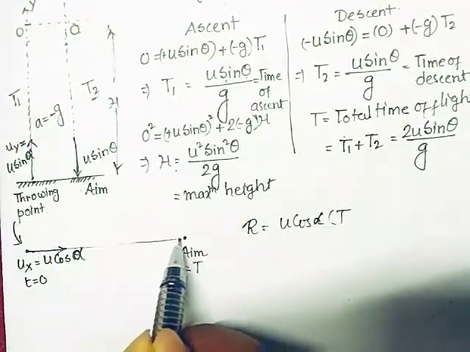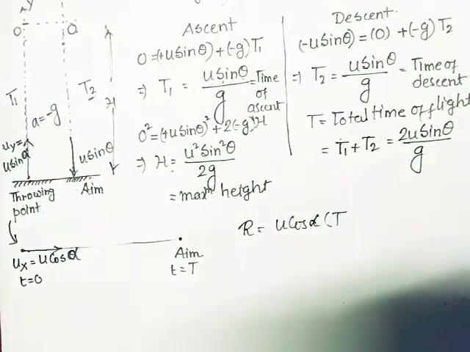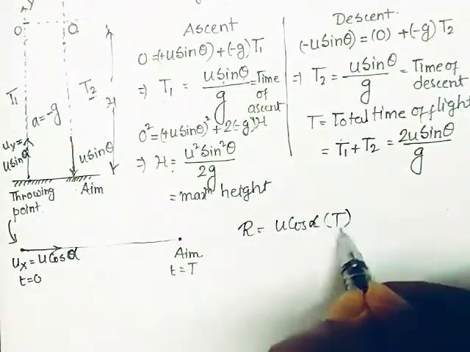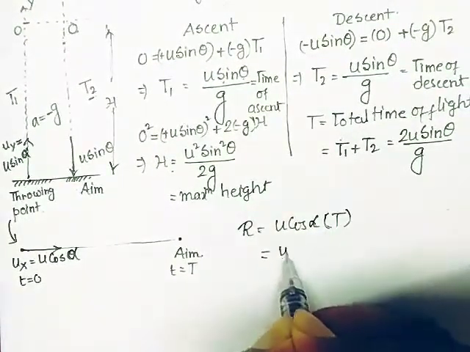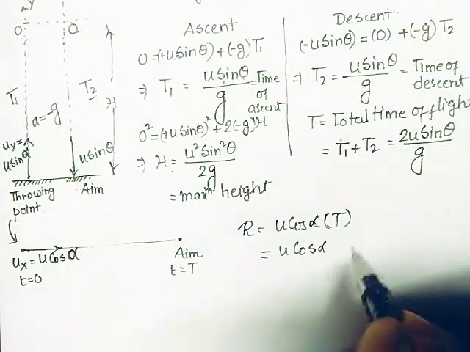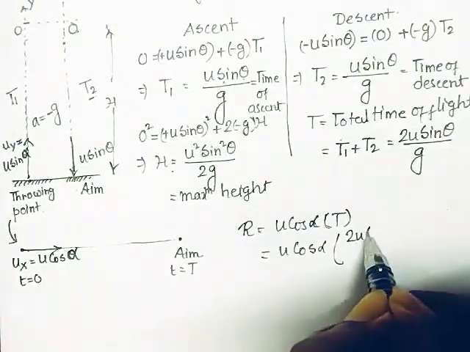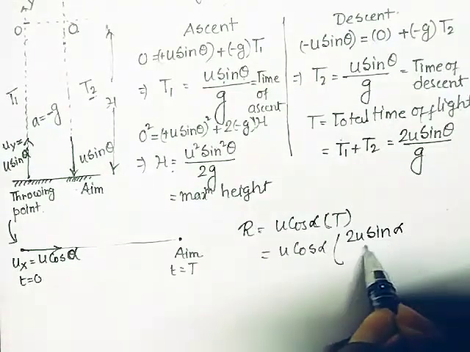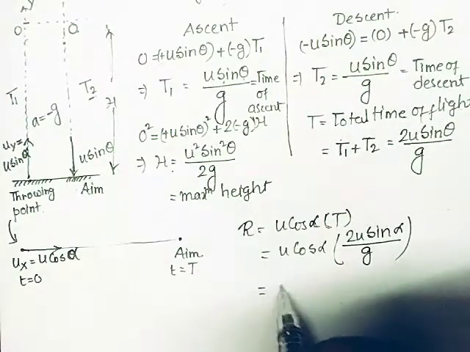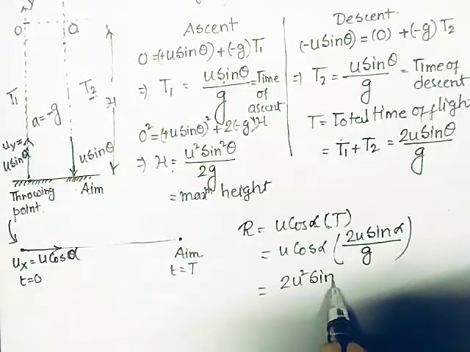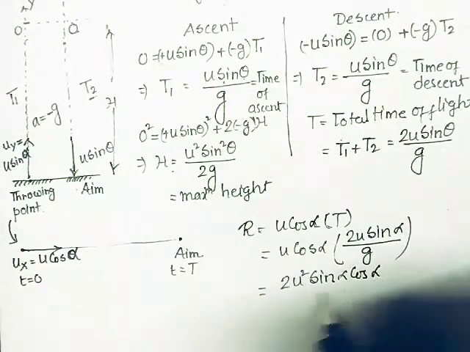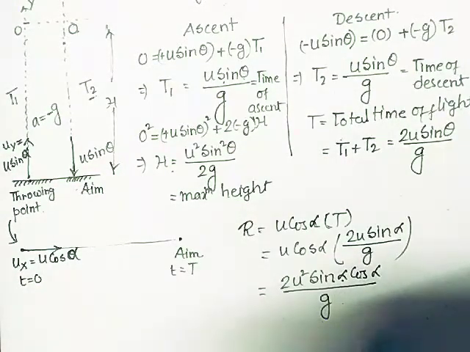It is a one-dimensional motion. So it will be u cos alpha into T, which is u cos alpha into 2u sine alpha divided by g. So it will be 2 u square sine alpha cos alpha divided by g.